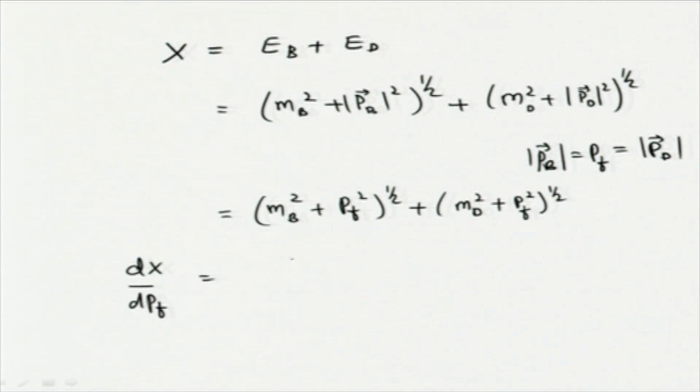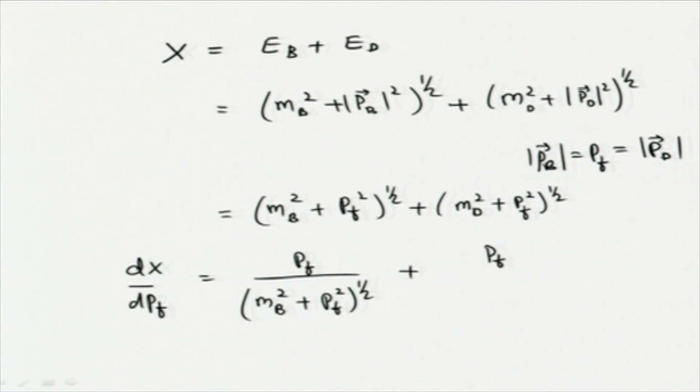That will give you p_f over (m_b square plus p_f square) power 1 over 2, plus p_f over (m_d square plus p_f square) power 1 over 2. p_f is common.